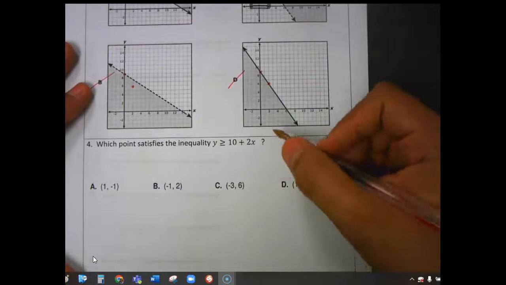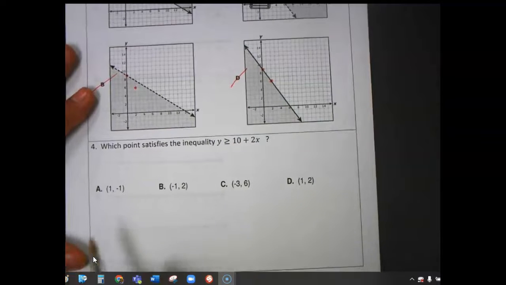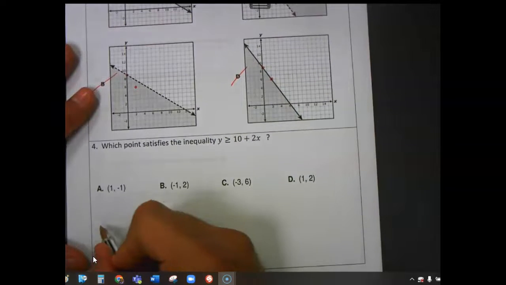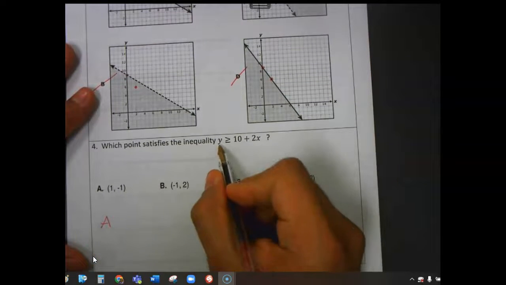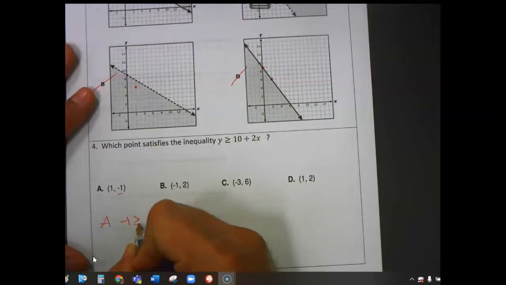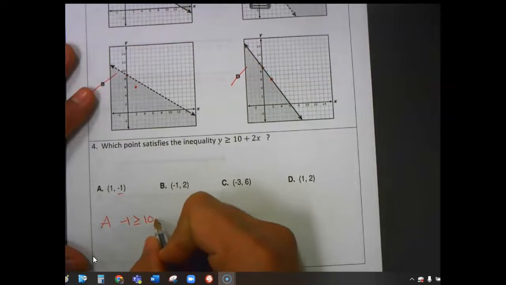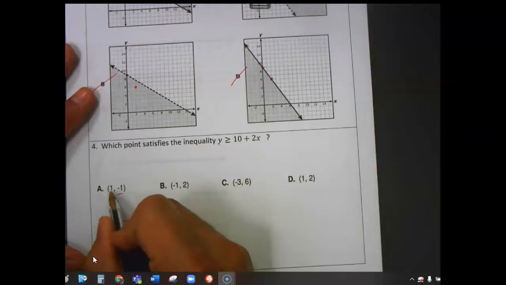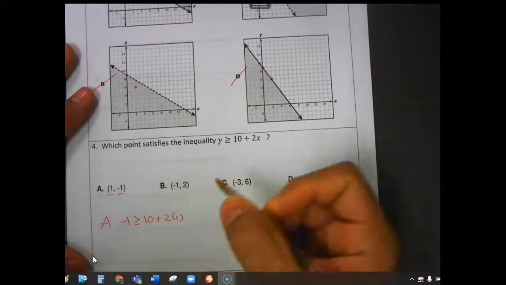Again, you want to evaluate these using this inequality, okay? So A, instead of y, I'm going to put -1 greater than or equal to 10 plus 2, and instead of x, I'm going to put 1.